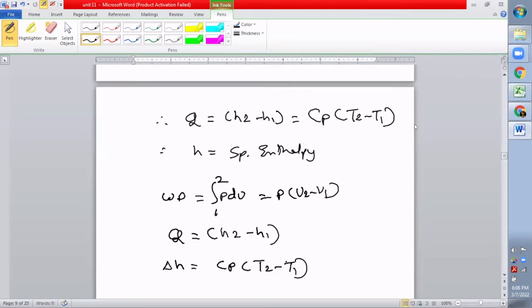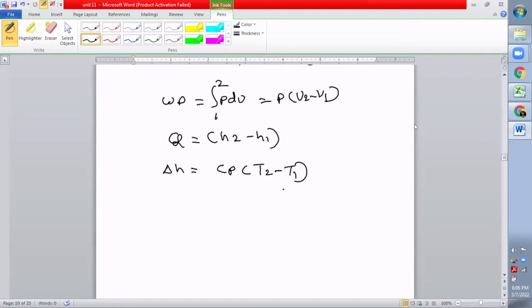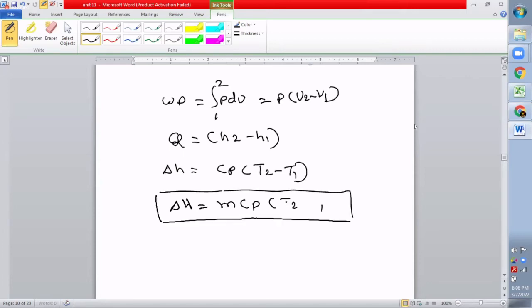So for m kg of mass, this del H is nothing but m Cp (T2 minus T1). This is called the total enthalpy, and the small h is called the specific enthalpy. Specific enthalpy means kilojoule per kg, while here it is only kilojoule.